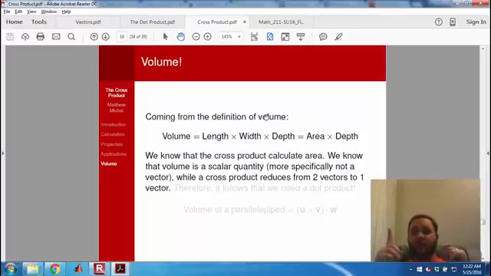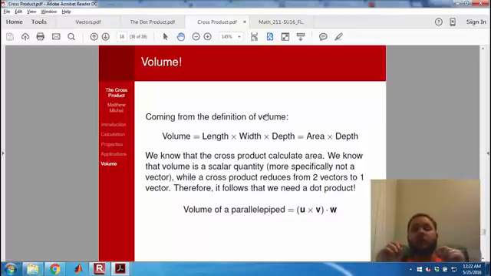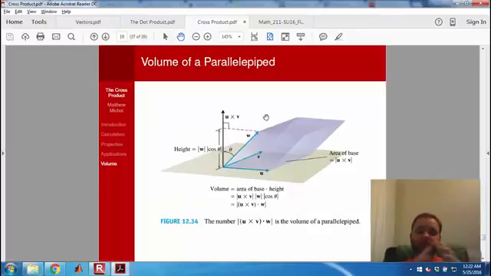So what do we have to multiply that vector by in order to get a scalar out of it? We need to do a dot product, or scalar product. So the volume of a shape, which we call the parallelepiped, is u cross v dotted with another vector, w. So u being one side, v being another side, and w being another. So that's our parallelepiped. Think of it as the quadrangle or the parallelogram in three-dimensional space.